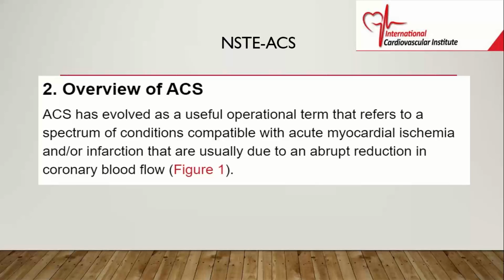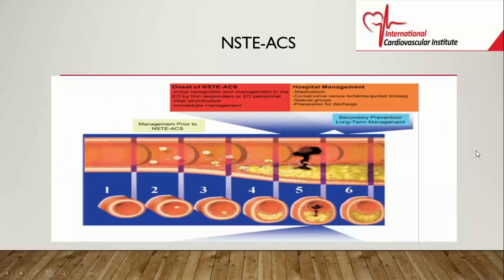So it's a spectrum of myocardial ischemia and or infarction. When we say something is infarcted, it dies. The heart muscle dies, and this cartoon sort of depicts what happens.